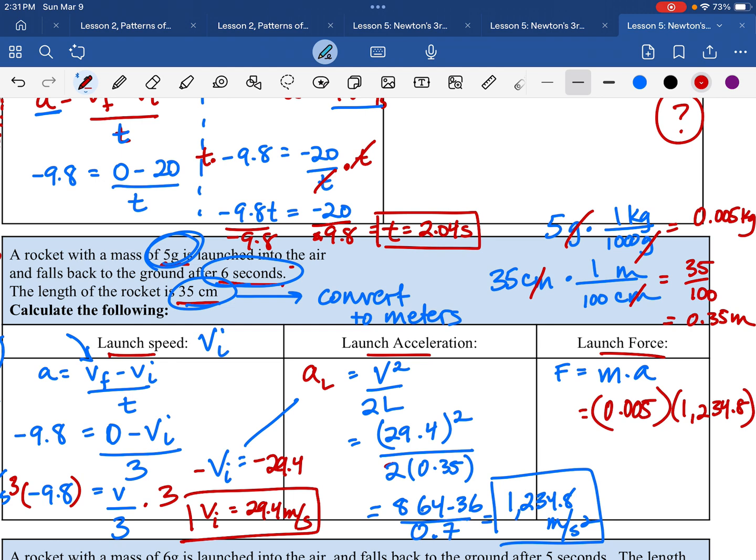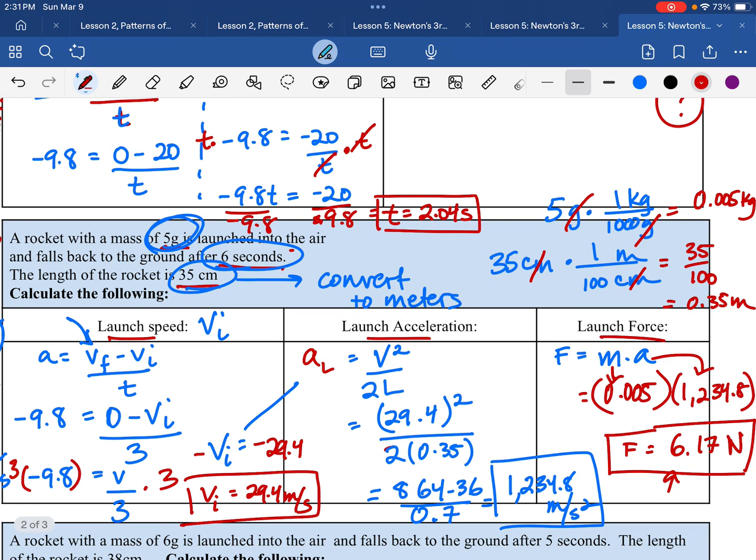And I'm going to do that here. I got the force equals 6.17, and the units for force is newtons. So that's how much force the rocket has. So it is accelerating quite a bit, but its mass is very tiny because it's a paper rocket. So its force is not all that much.